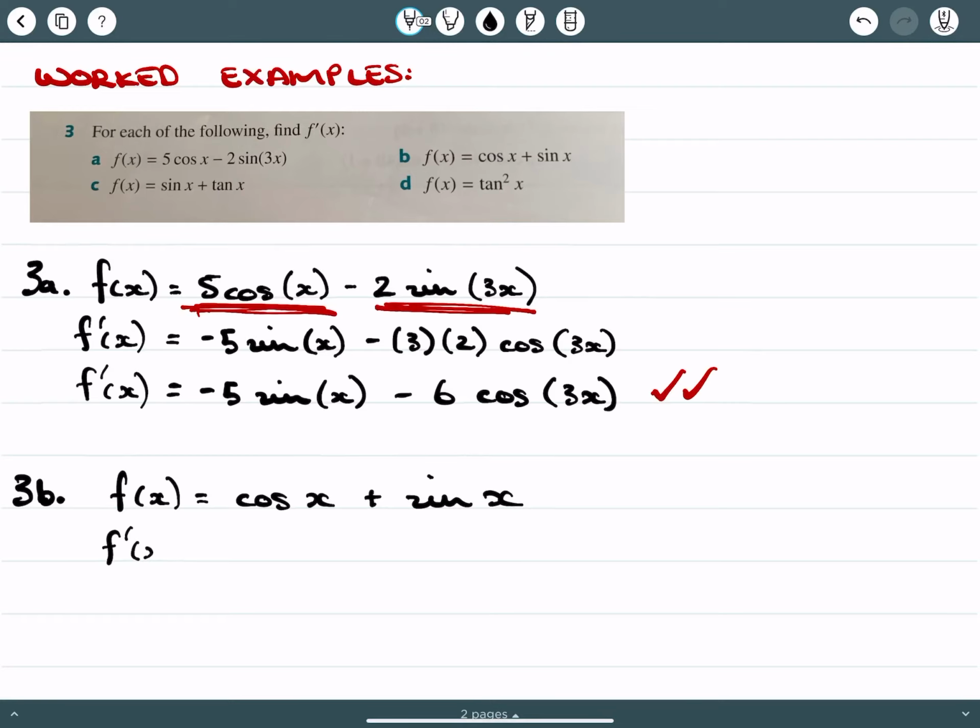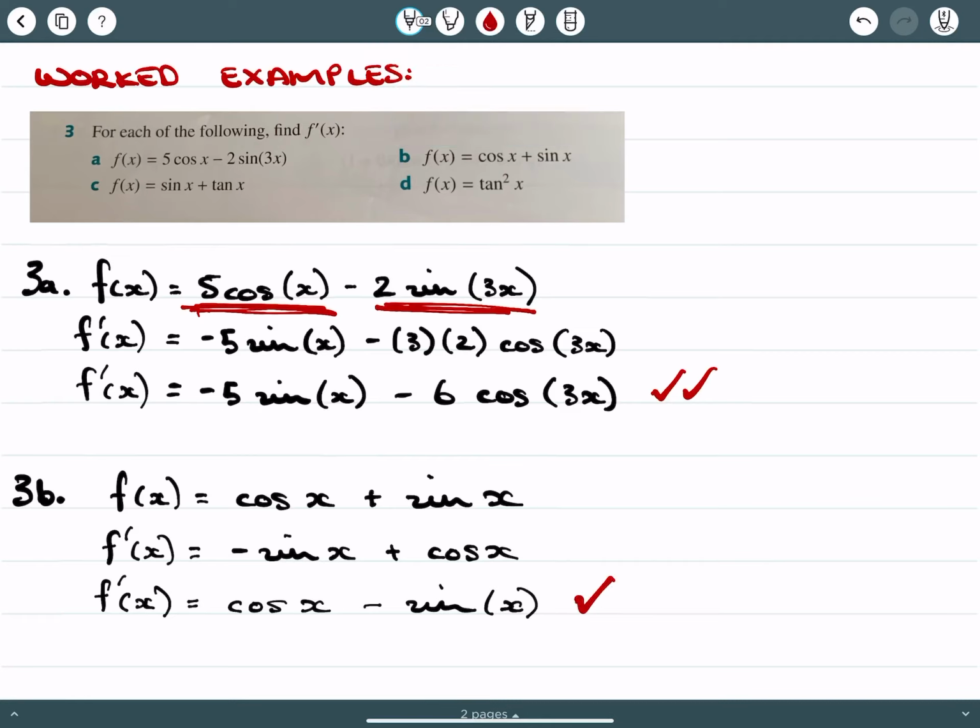The derivative f'(x) is going to be written as negative sin x plus cos x. I might write it a little neater, so that I'm leading with the positive instead of the negative. I'll just check if that is correct. And it's correct.